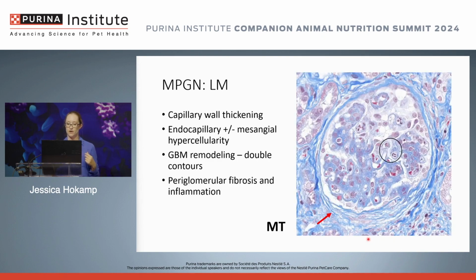And we develop periglomerular fibrosis, and we can see, again, here's some neutrophils that have invaded into those capillary spaces. So these are all some changes that we'll see on light microscopy, but similar to what I mentioned with membranous, none of these findings are definitive for ICGN. They're highly suggestive of it, but we cannot say for sure that it is immune complex driven at this point.